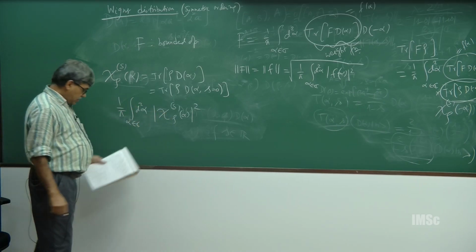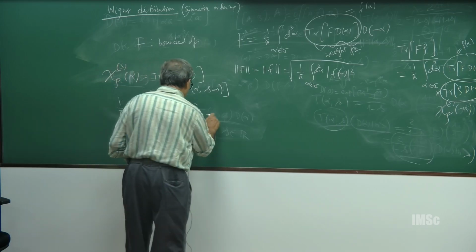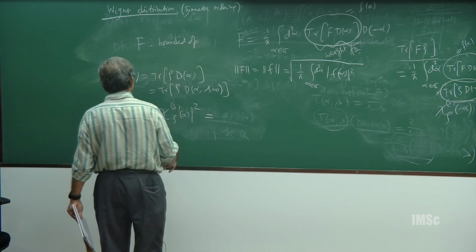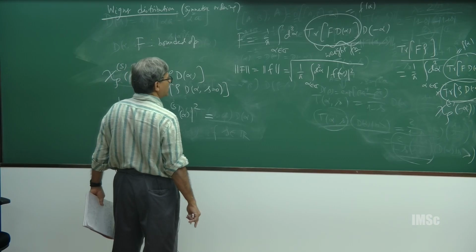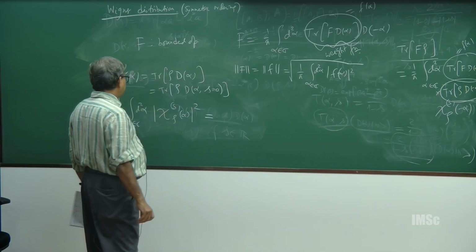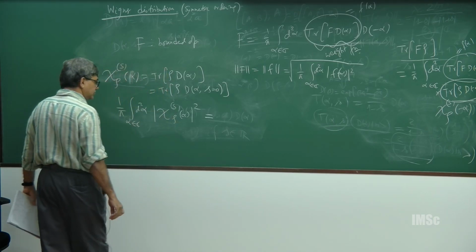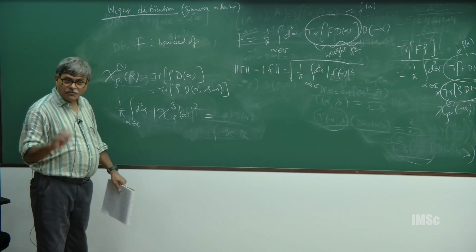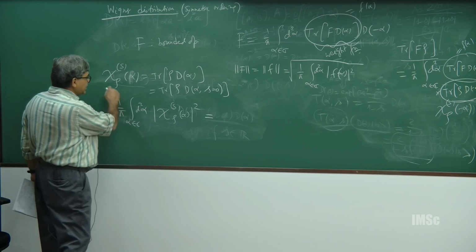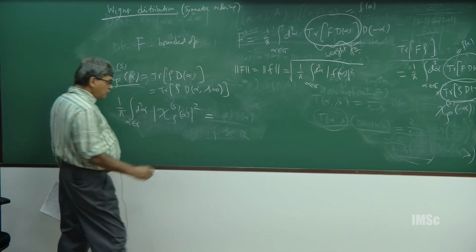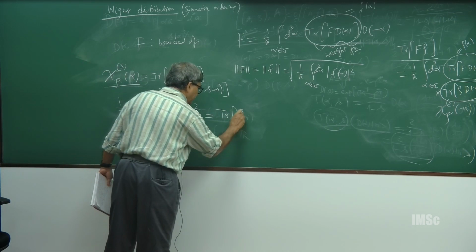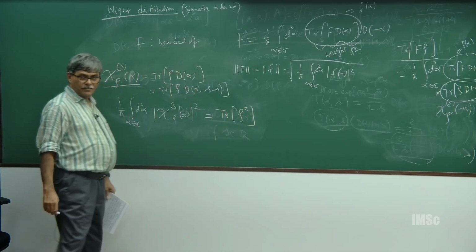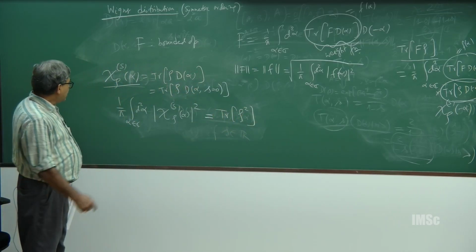You can show this; it is for you to prove that, given this form, this is nothing but trace of rho square.